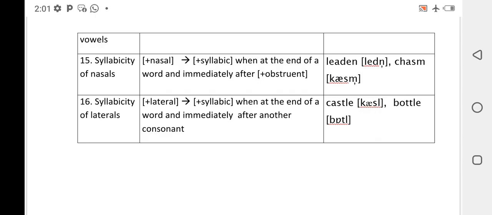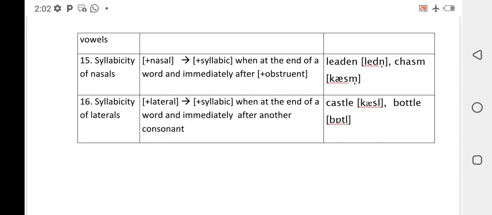So these are syllabic consonants. So we have a syllabic nasal. The nasal becomes syllabic when at the end of a word and immediately after an obstruent. You know what we said, that an obstruent is a phoneme with some kind of obstruction in its production.